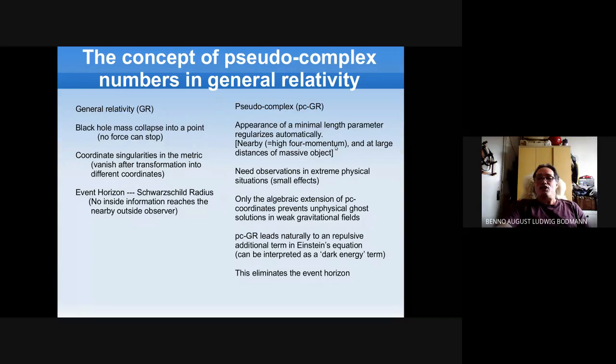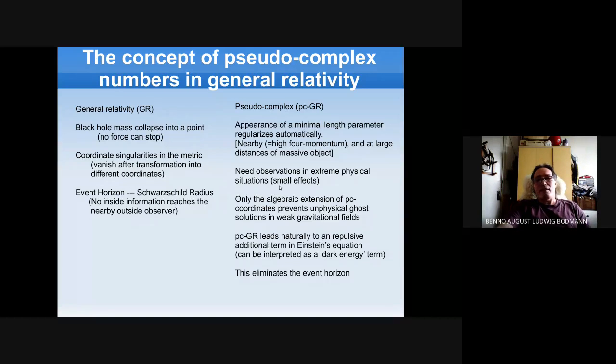And at large distances, the theory is nearly equal to the general relativity of Einstein. But to see differences caused by this nearby effect, we need observations in extreme physical situations because we are looking for small effects.